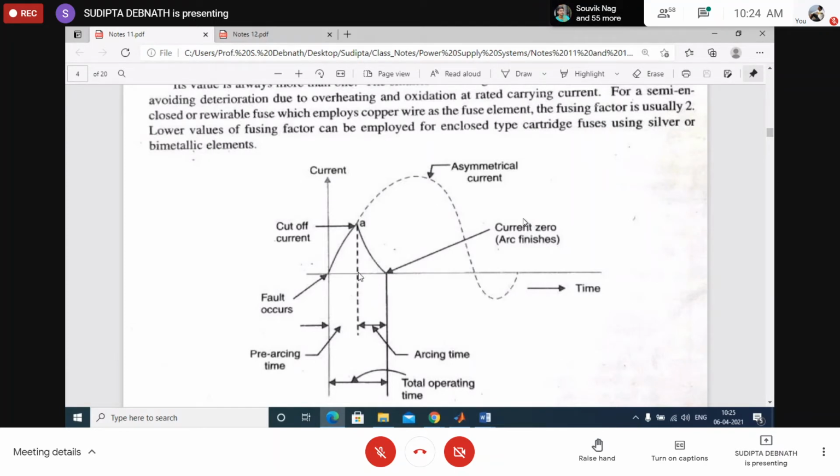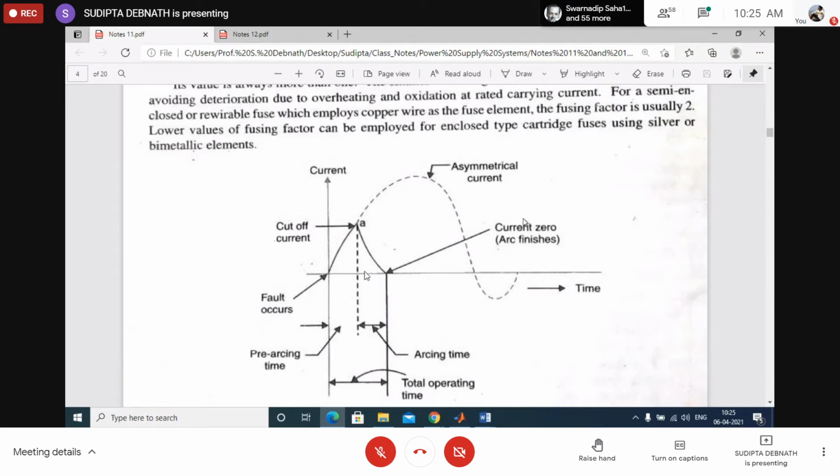Okay, so at this point the fuse melts, and the current will continue to flow through the medium, because I've told you the medium will become ionized. So current will flow through that medium, and when that current naturally becomes zero, that period is called arcing time.